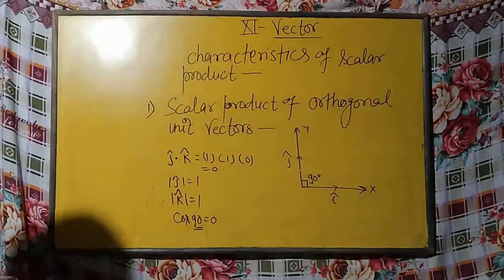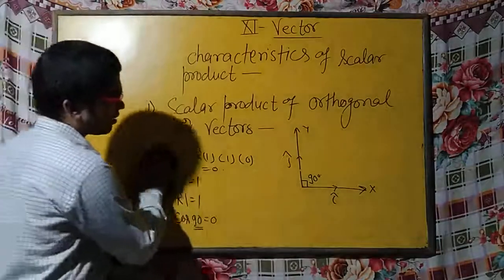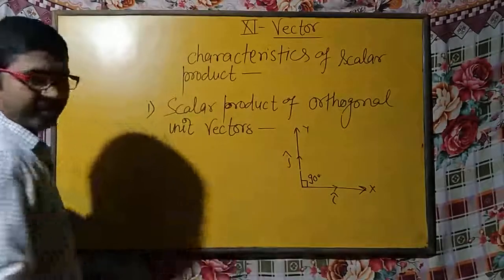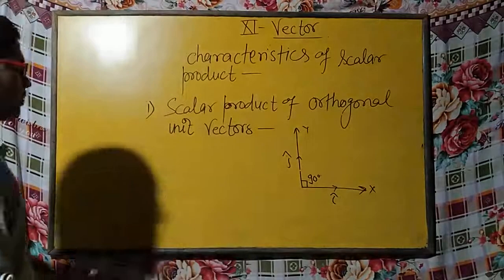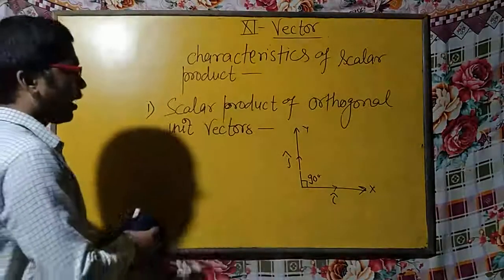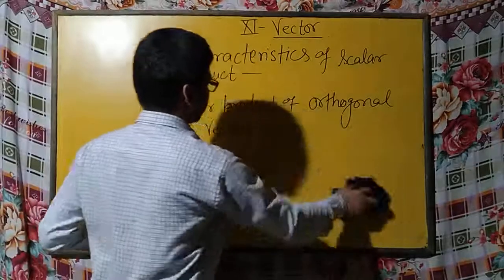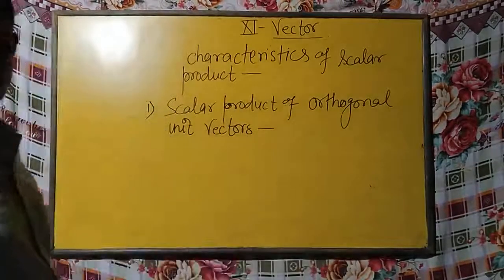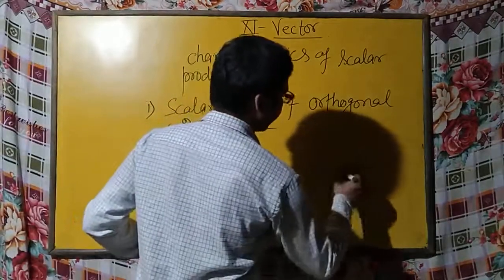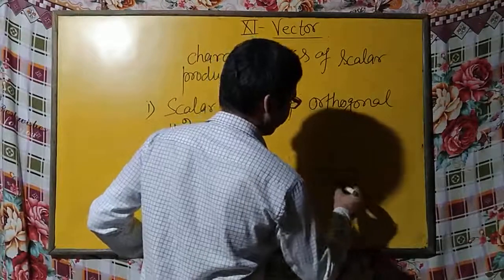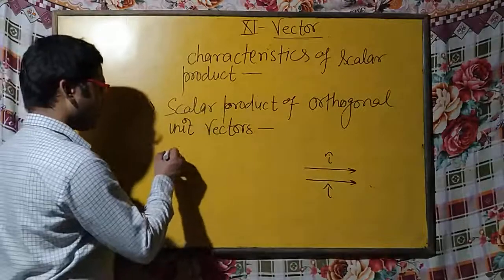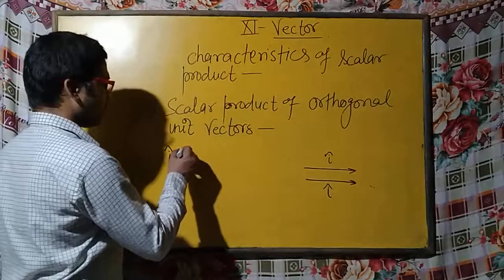Now the second and very interesting conclusion, there is another example. Now you can find the scalar product of two identical or two parallel vectors, right? If you want to find the scalar product of i cap with i cap, so our aim is to find i cap dot i cap.